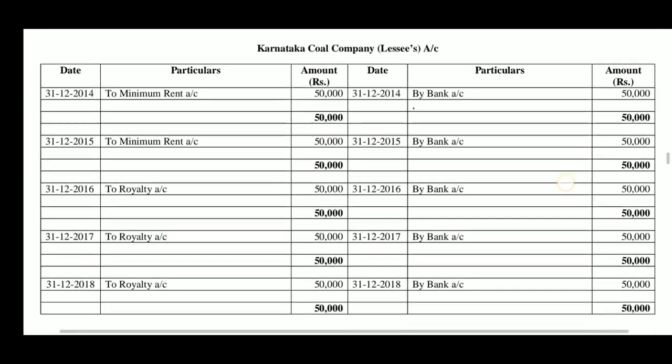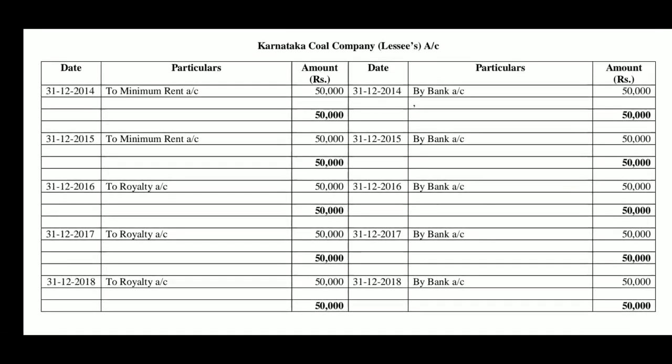The last account to be prepared is the lessee's account, that is Karnataka Coal Company account. See, Karnataka Coal Company account was debited with the amount of minimum rent. Lessee's account debtor to minimum rent account 31st December 2014, 50,000.